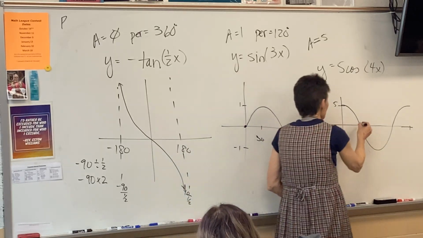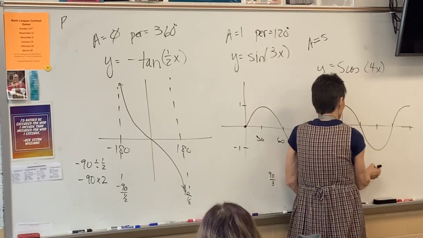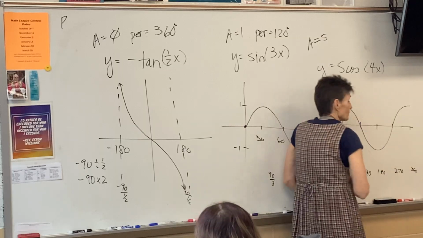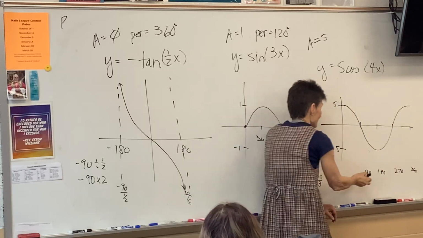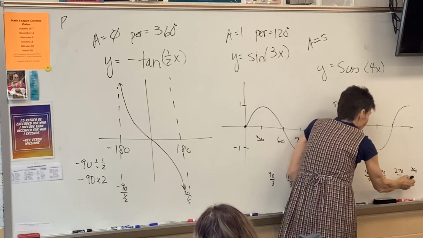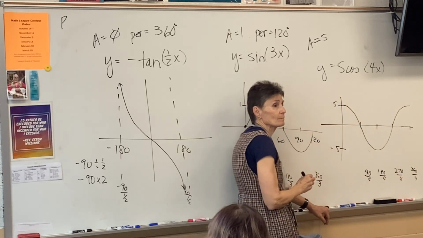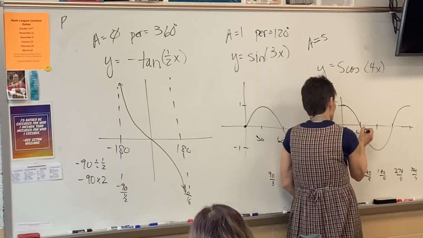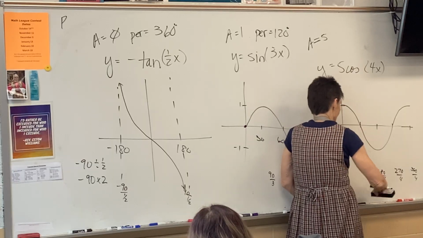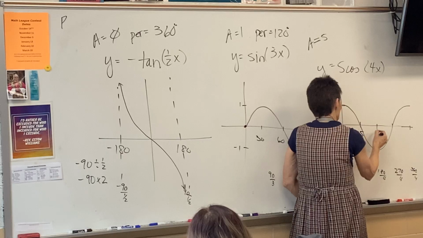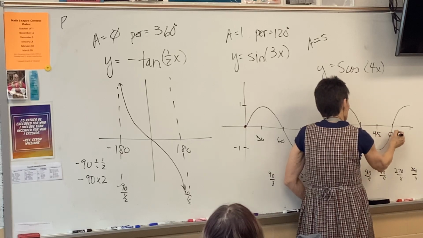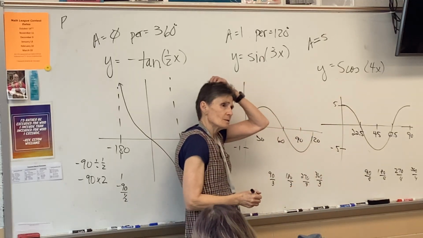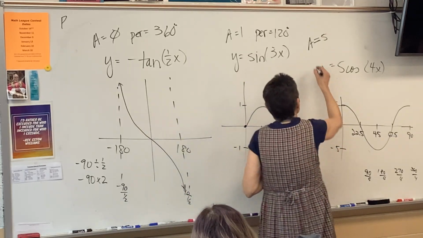Just like with the sine, the normal labels are 90, 180, 270, and 360. But this time, they've been divided by 4. So the new labels will be 22 and a half, 45, 67 and a half, and 90. So my period is 90 degrees.